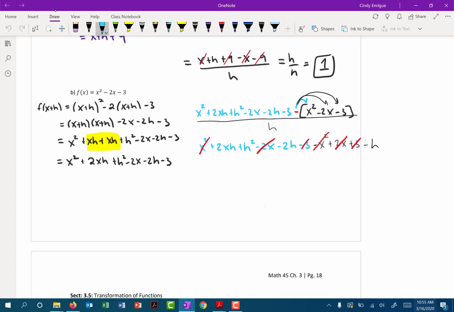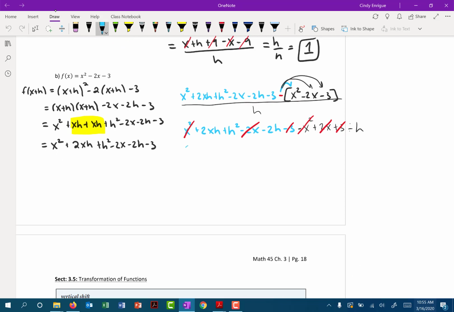So now I'm going to have what's left over. I have 2xh plus h squared minus 2h. And everything's being divided by h. Don't let that confuse you. That means each thing is being divided by h. So 2xh divided by h plus h squared over h minus 2h over h.